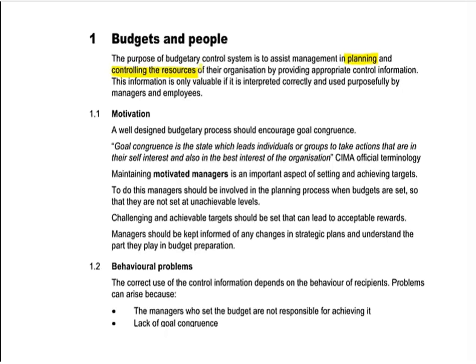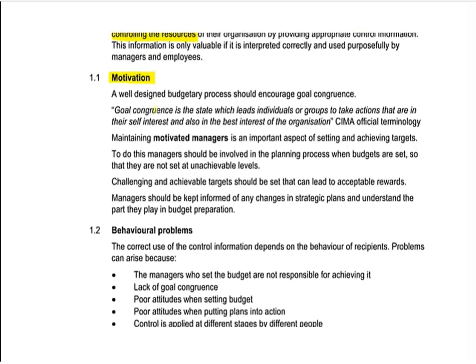And one of the things by correct use that we mean is motivation. We want to encourage what we call goal congruence. And by goal congruence, in layman's terms, what we're saying is that we want our employees to make decisions that are in the best interest of the company.